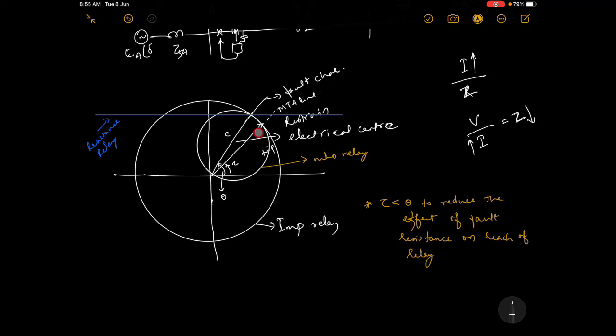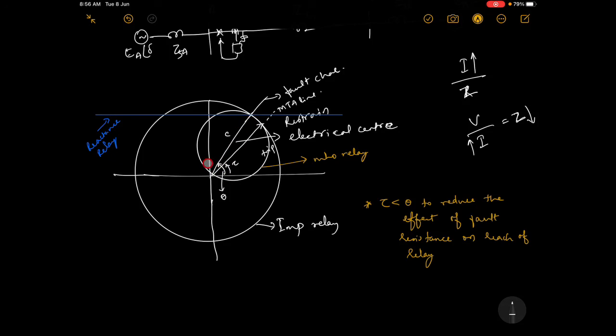Generally, suppose this is the length we want to protect, and this is the fault characteristic. To cover that, the reactance is considered, the diameter of the Moore relay is also considered, and the radius of the impedance relay is also considered as Z set. So this is Z set, right?